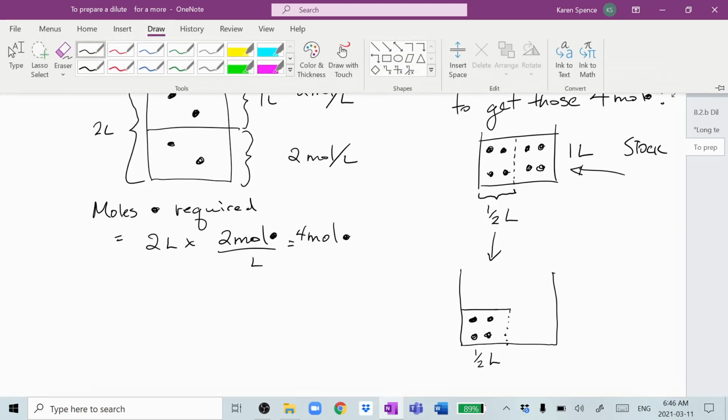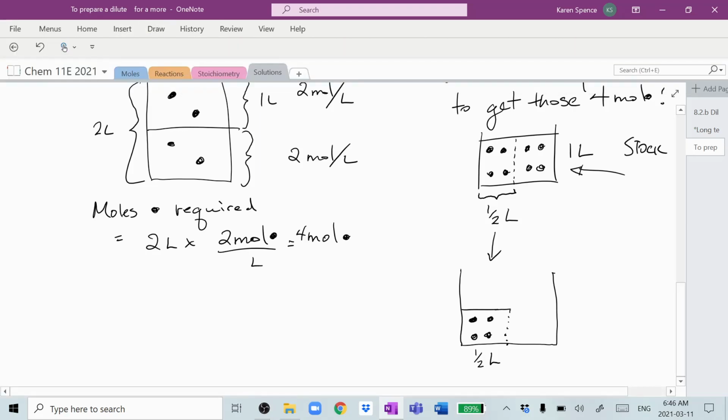And then I would fill up the rest of it with another 1, 2, 3 liters. So this area here would be the extra 3 liters of water. But probably I wouldn't do that. Probably I wouldn't just add 3 liters of water.